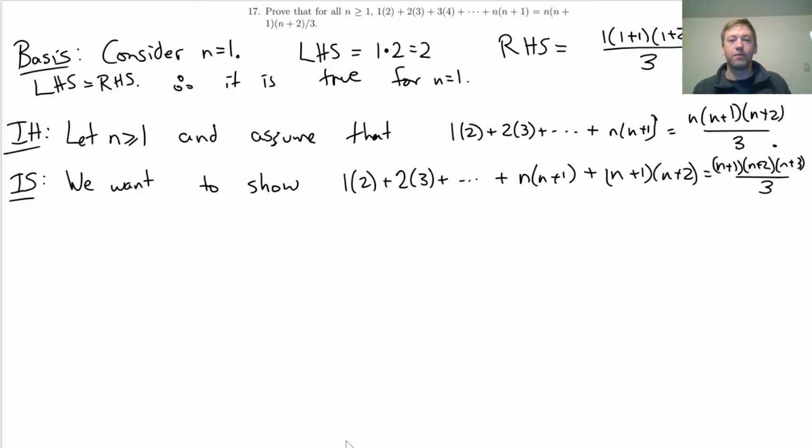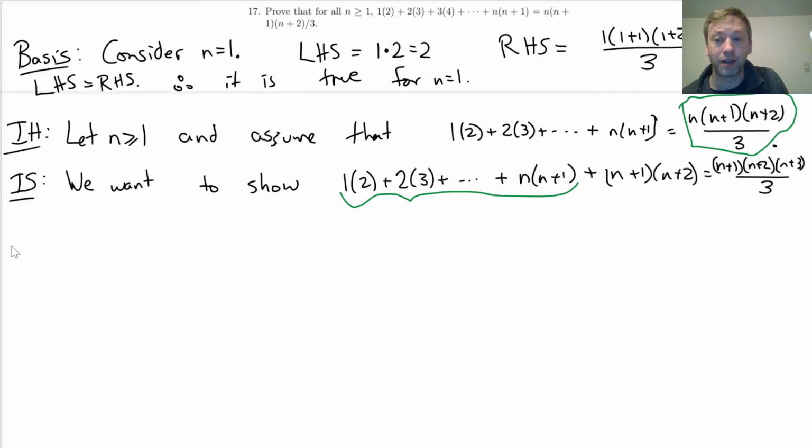This is a standard thing. By the inductive hypothesis, I can deal with almost all of this sum and just replace it with this expression over here, because that's what my inductive hypothesis says.